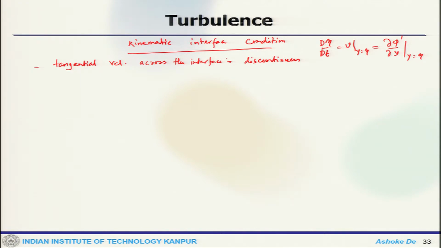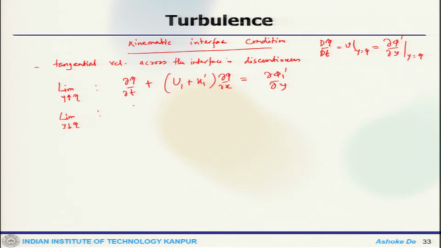So, we get two sets of equations, one limit y with increasing to eta, that is del eta by del t plus u1 plus u1 prime del eta by del x equals to del phi 1 prime by del y, and second limit is y going from above to eta, del eta by del t plus u2 plus u2 prime del eta by del x equals to del phi 2 prime by del y.